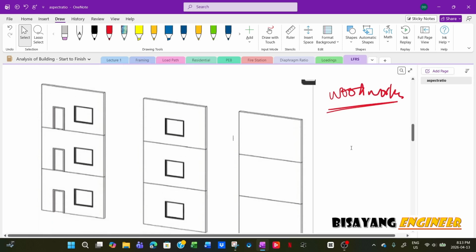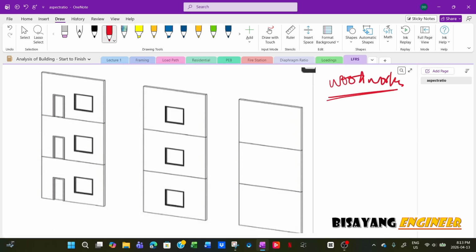I'm not sure, but there are three types of shear wall. You have the segmental or segmented, and then you have the perforated. Now, this perforated is typically for wood shear wall.